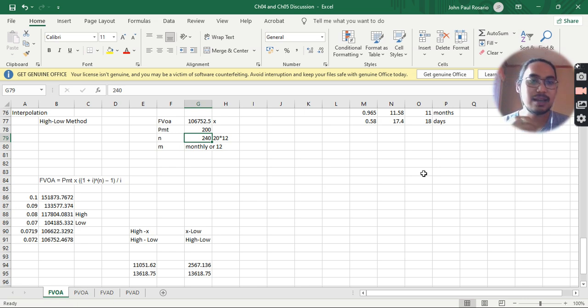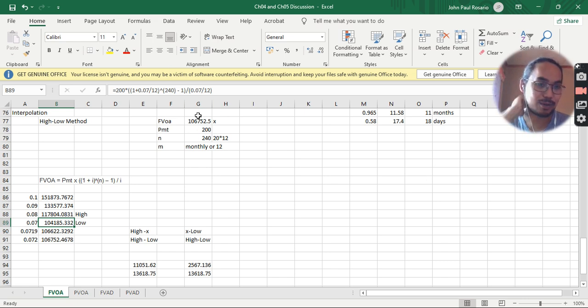So here we simply assume values or like interest rates that we can apply to our formula here. So here we tried 10%, 9%, 8%, and 7%. So we will be solving for possible future values using these interest rates, given that the N is 240 months, the payment is 200, and the future value is 106.